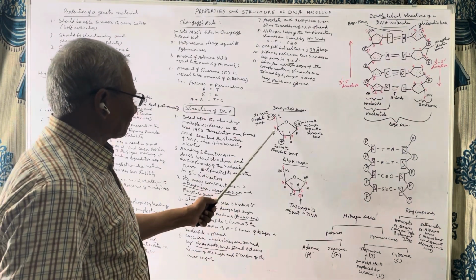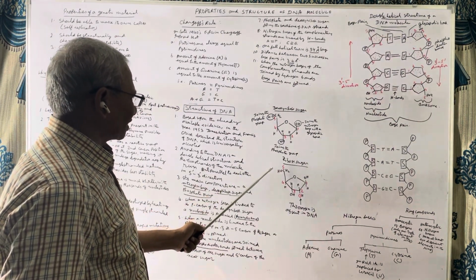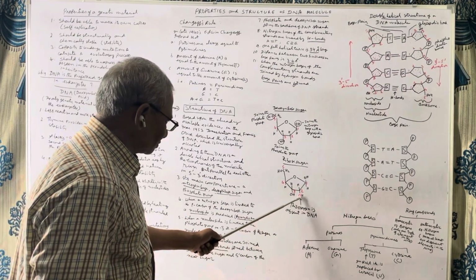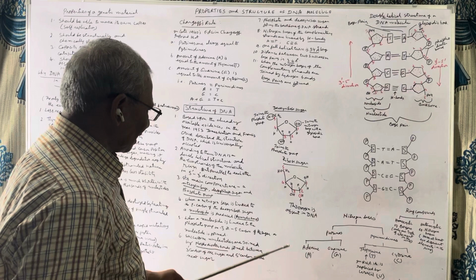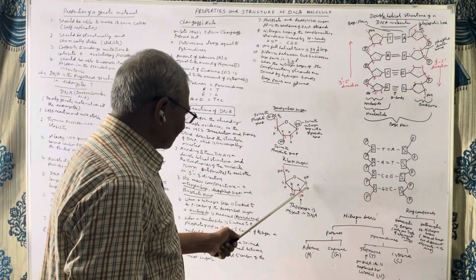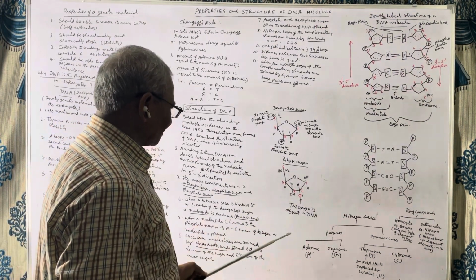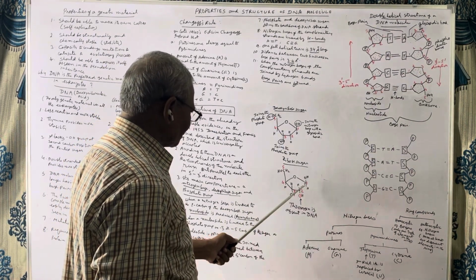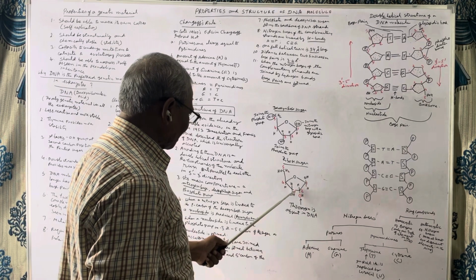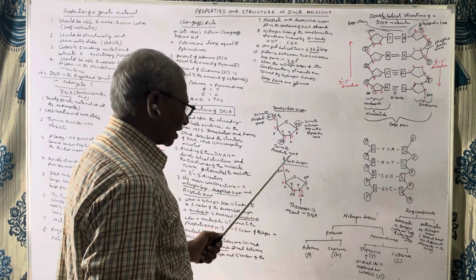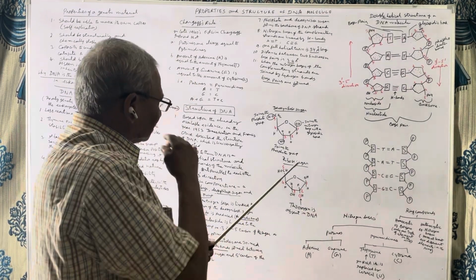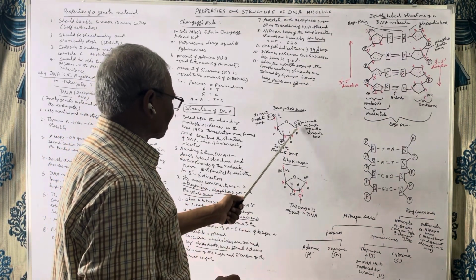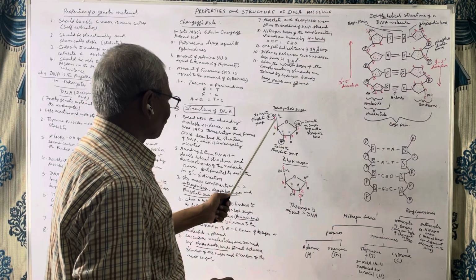The main difference between deoxyribose and ribose sugar is this molecule, this oxygen. I have given numbers here with the red color. If you take a ribose sugar, there are 5 carbon atoms. This is the first carbon, second carbon, third carbon, fourth carbon, fifth carbon. Similarly, in deoxyribose also there are 5 carbon atoms. 1, 2, 3, 4, 5.